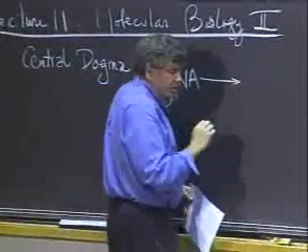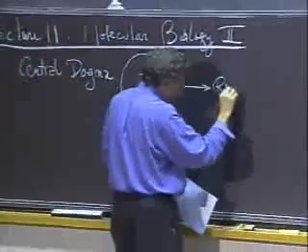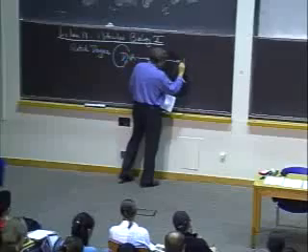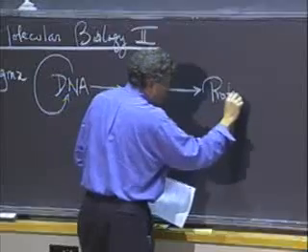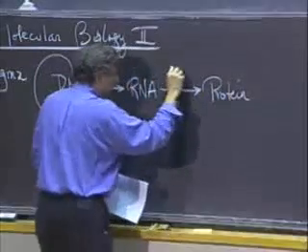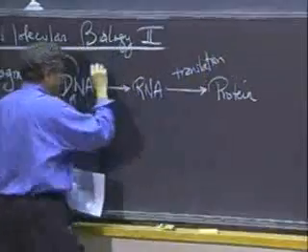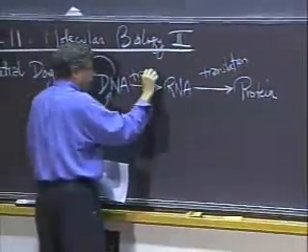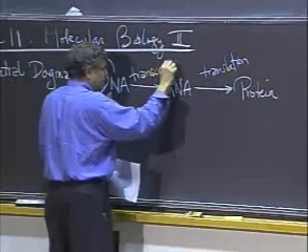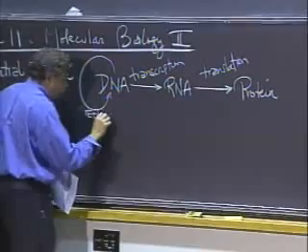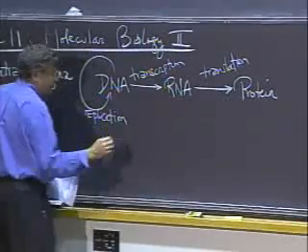It's read out into the intermediate RNA, and then it is translated into protein. This process is translation. This process is called transcription. And this process, replication.